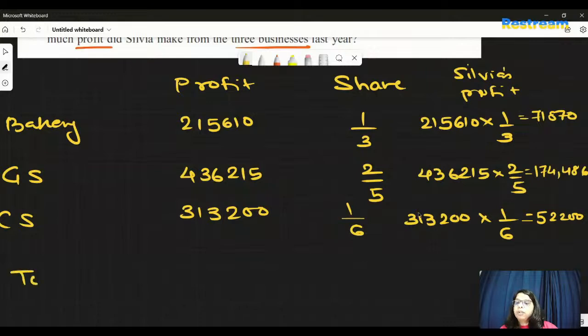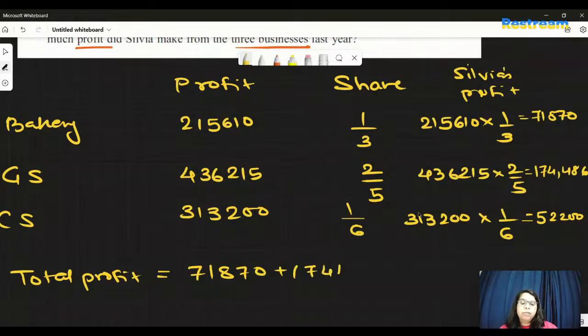So the total profit is equal to 71,870 plus 174,486 plus 52,200. So you can just add everything up.